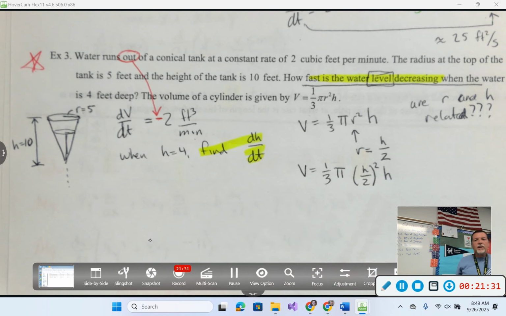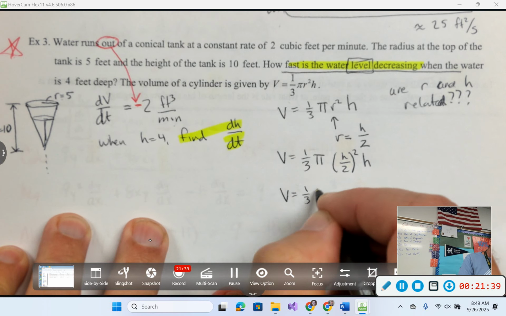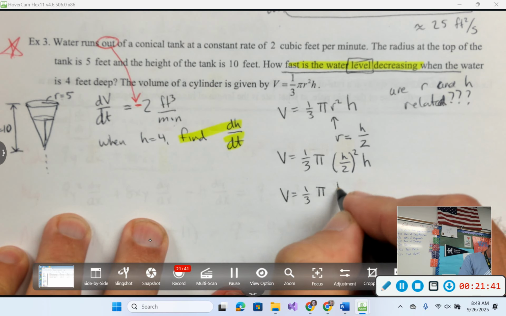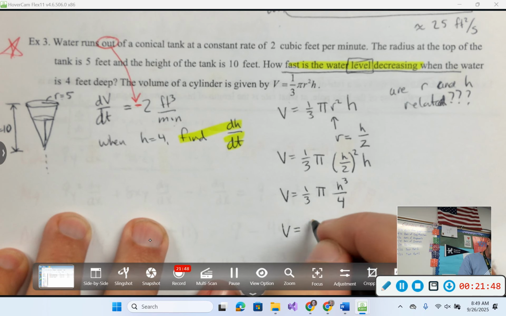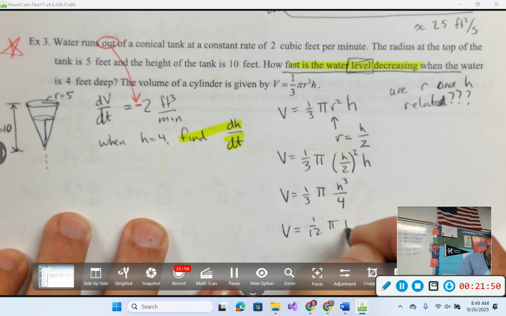Let's clean this up before we take a derivative. 1/3 pi H cubed over 4. I'll even go one more step. 1/12 pi H cubed.